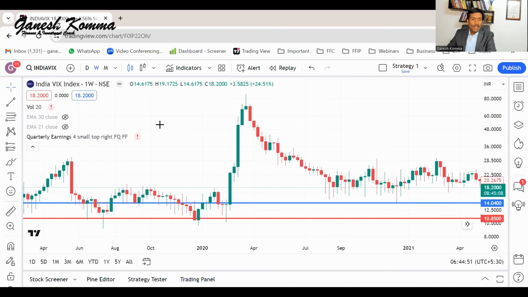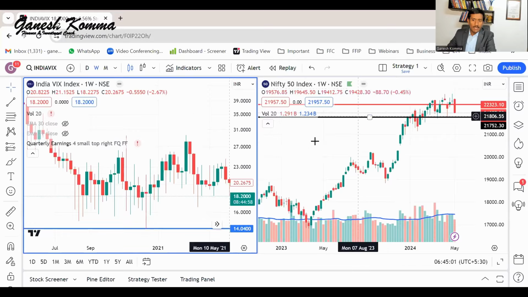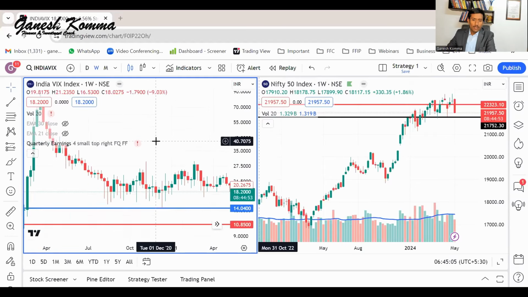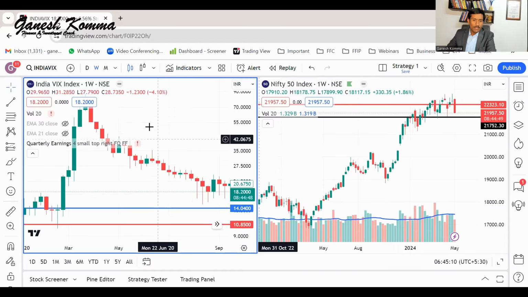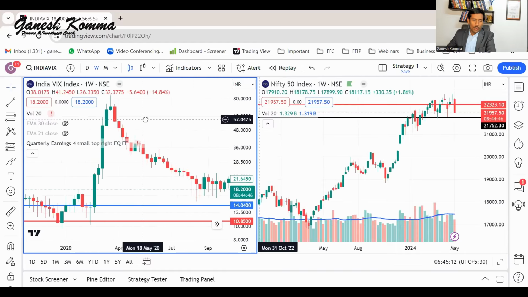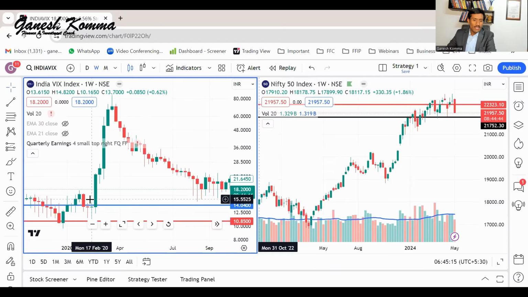Now let's compare India VIX with respect to Nifty 50 movement. I'll go to the layout option here, and I'll keep two charts on a single screen. So this is India VIX during COVID levels on your left-hand side, during February 2020, March, up to 30th March, we have India VIX levels here.